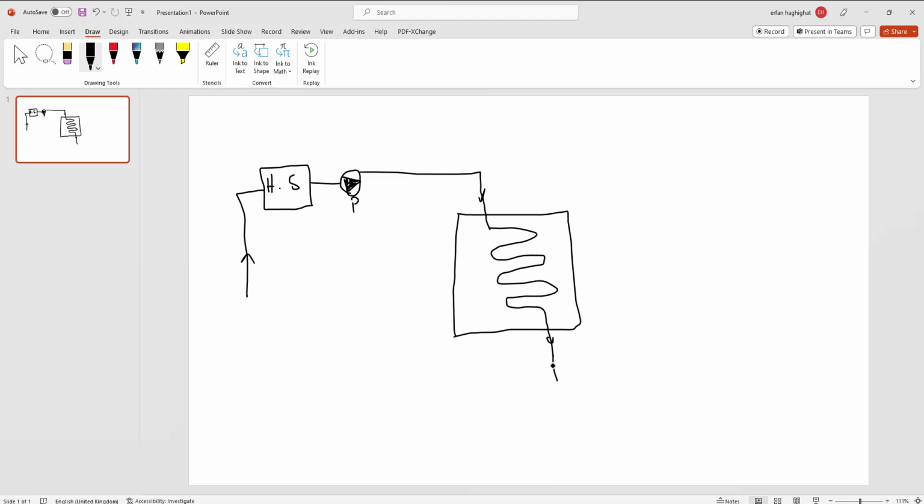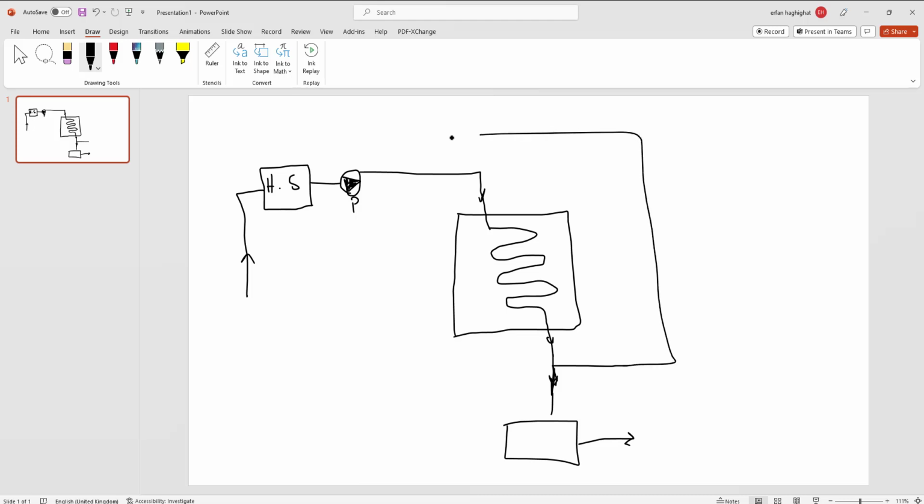There are two outlets. One of them goes to a heater to heat a house or something like this, and the other one goes back to the system. Actually, this is for charging fast.